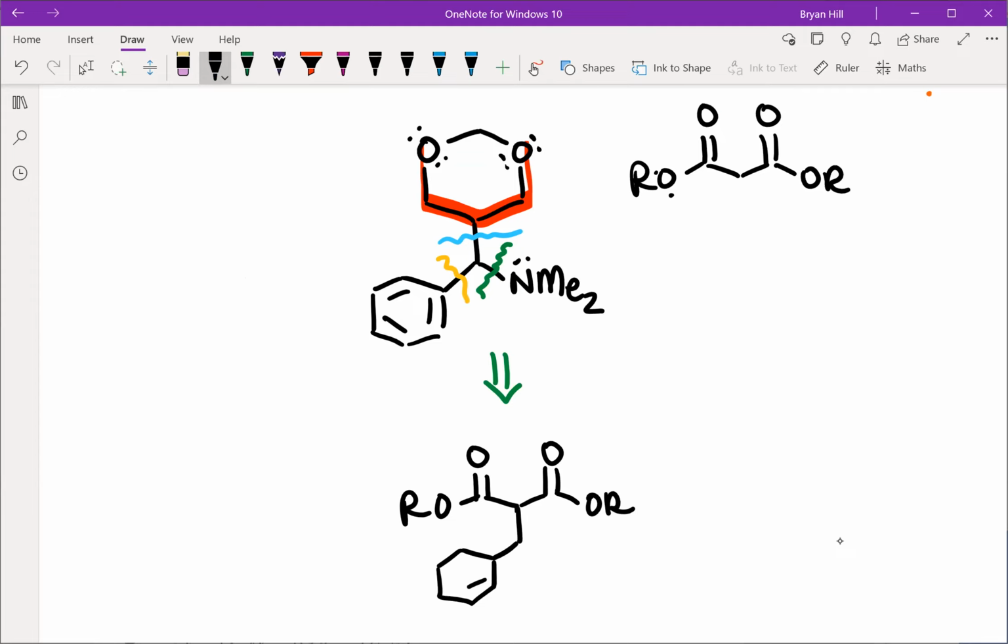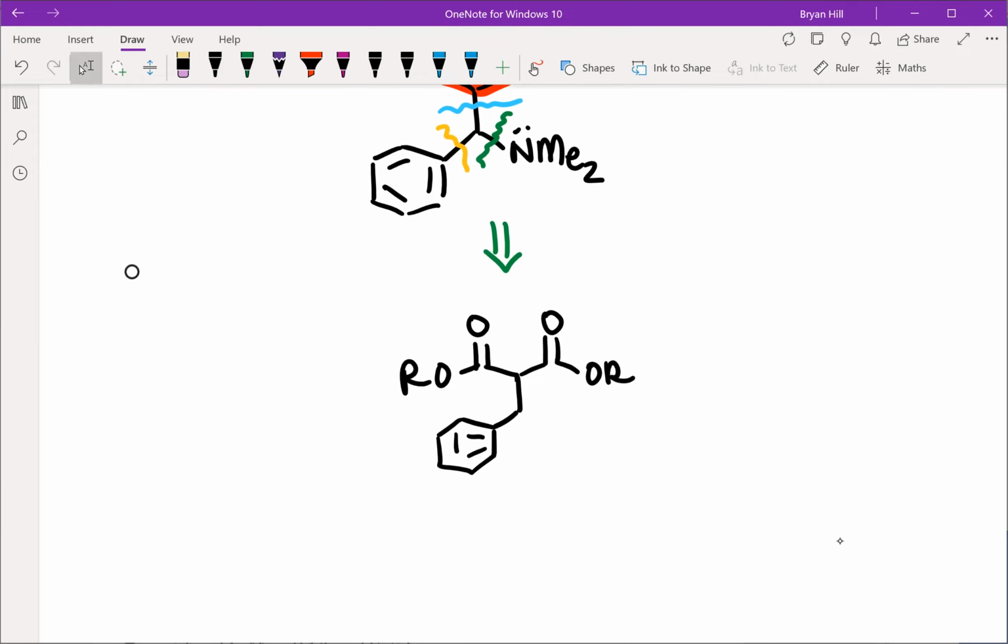So is our nitrogen going to be the nucleophile or the electrophile? The nucleophile. Right. So this is going to be N-, and we want this carbon here to be plus.